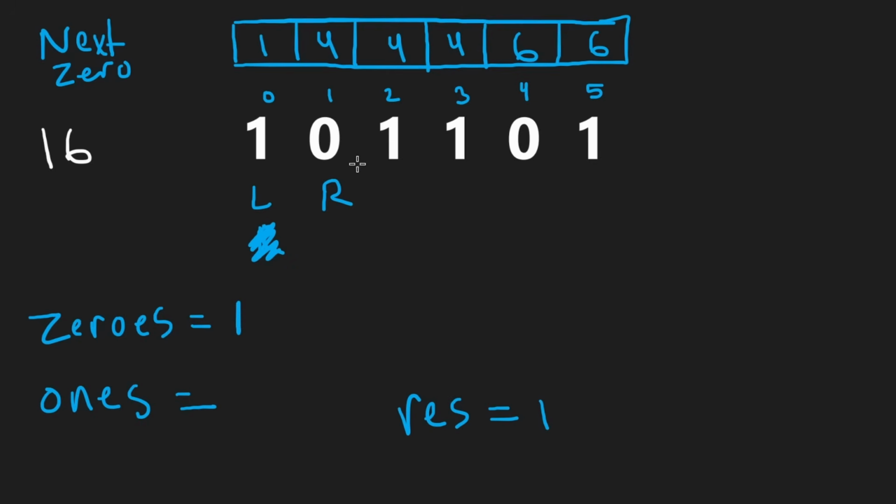And now, once again, for this position, we're going to look in the next 0s array, which is 4. So we know that that's where the next 0 is. So I want to put the little next pointer over there for now. The reason we're doing this is because we want to know how far we can extend this pointer without including any 0s just yet.